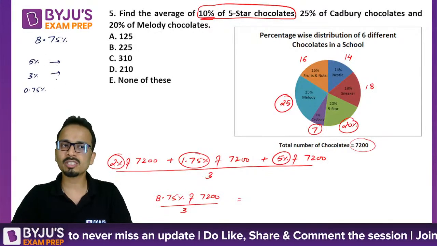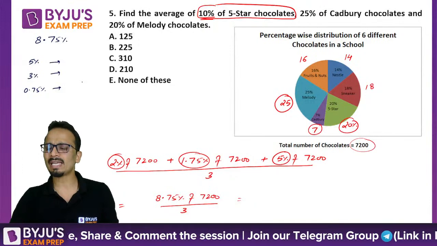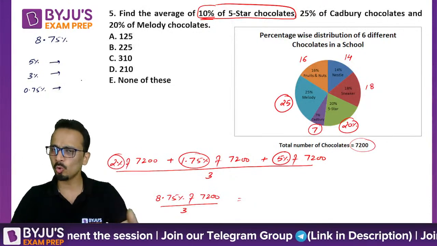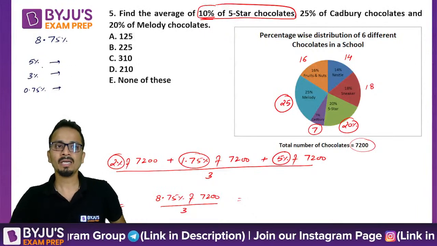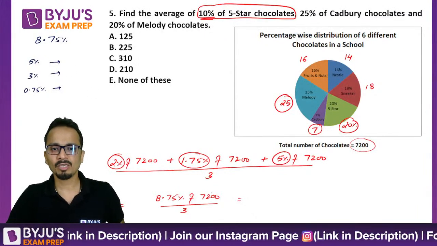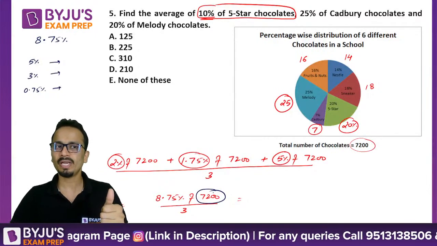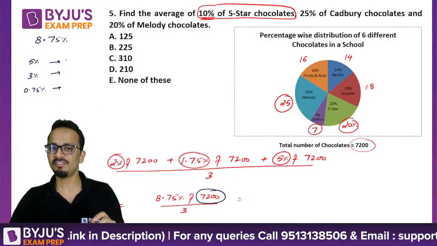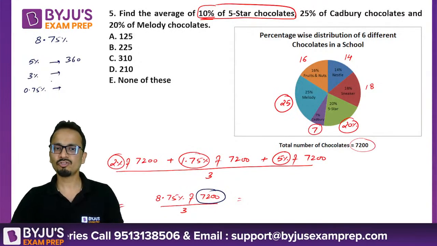And I do all such things orally. Okay, I don't write all these things. So that is why, if I'm doing all these things orally, then I can save plenty of time. Okay, now 5% निकालना है पहले. So इस चीज का 7200 का 10% कितना होगा? It will be 720. So half of that will be 5%. That is 360. Right?